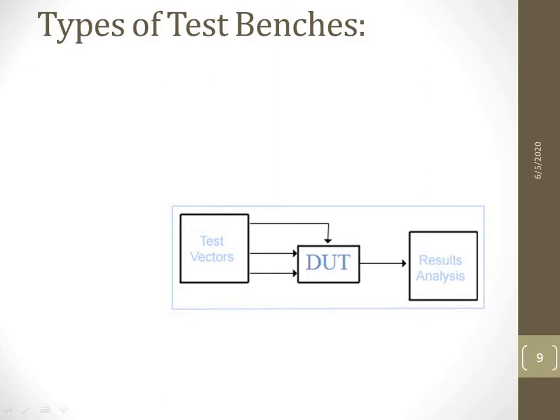That's why this is called result analysis. If I feel that both are right, then I say what I have kept here for testing is perfect or correct. If not, I will say it is a failure, and I will look into the design and trace out where the problem is.